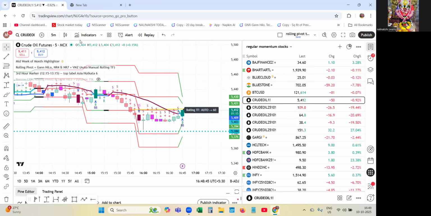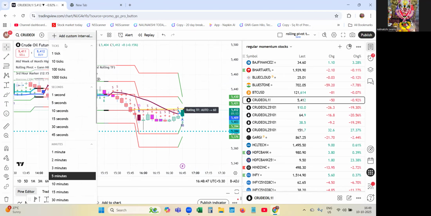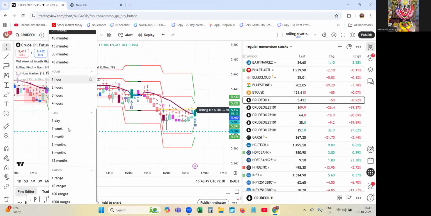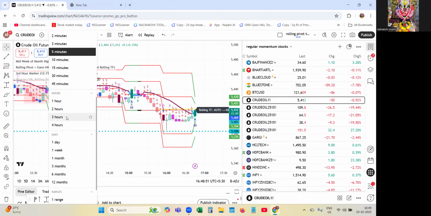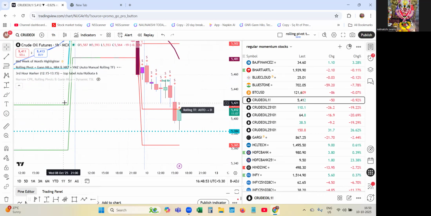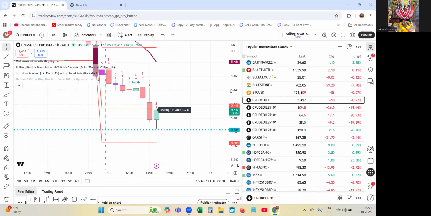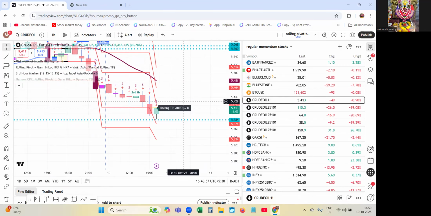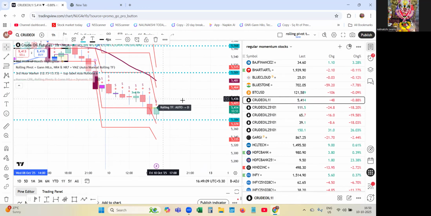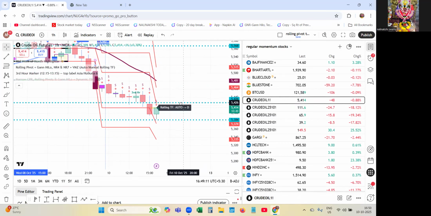Now, let me go to the hourly to find out where the resistance for the pullback is. See, on the hourly, it is a sell on rally. So this is hourly, S1 is here, hourly pivot is here, and the dynamic pivot is running here at this point.